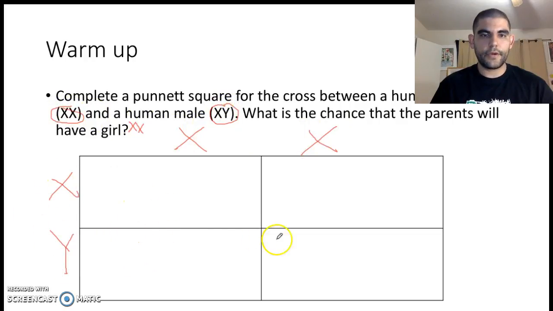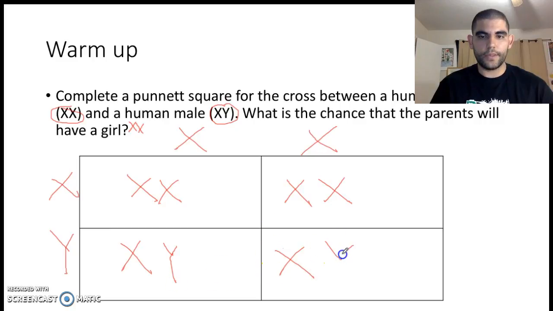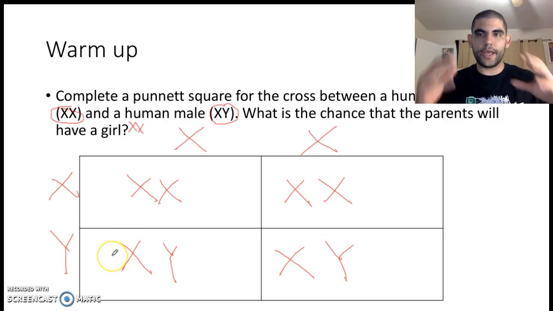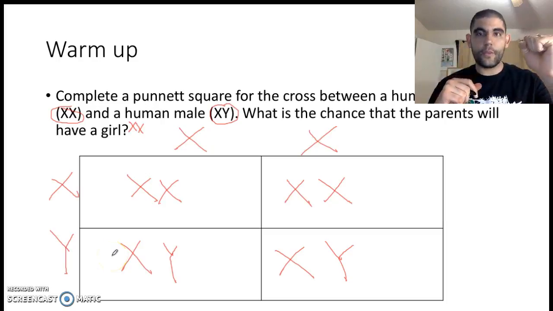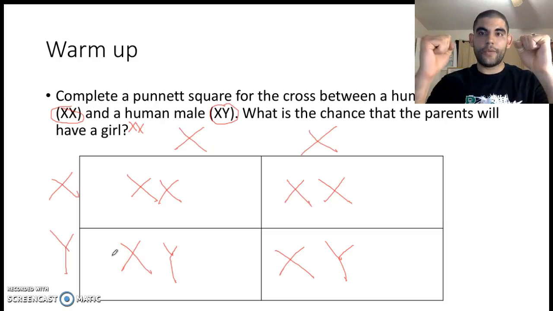When they go together in the Punnett square, the possible zygotes are X and X, X and X, and then here we have X and a Y, and X and a Y. What this means is that whenever an egg from this woman, which has an X, and a sperm from this man that has a Y join together, we have a sperm with a Y chromosome and an egg with an X chromosome.